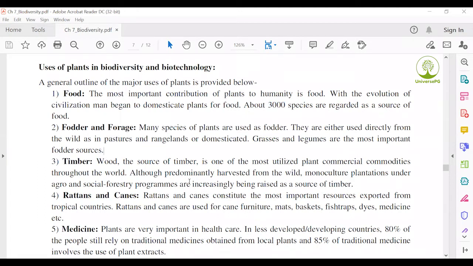In this term, fodder and forage, different types of livestock and animals use different types of food. You know, grass: cow, goat, and other domestic animals generally consume different types of plants as fodder and forage.